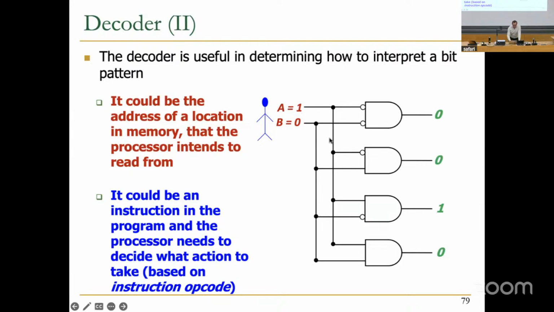Assuming that your bit pattern is 10, it tells you that, oh, it's this instruction that I'm going to do. So it enables some logic that ensures that that instruction is executed. Make sense? This is how you interpret a bit pattern, basically. Again, you will see this, but this is important because we're going to build on all of these logic structures to build a microprocessor, and they're all needed, as we will see.